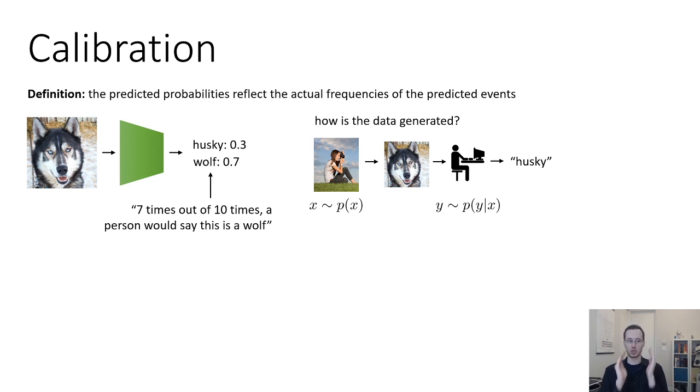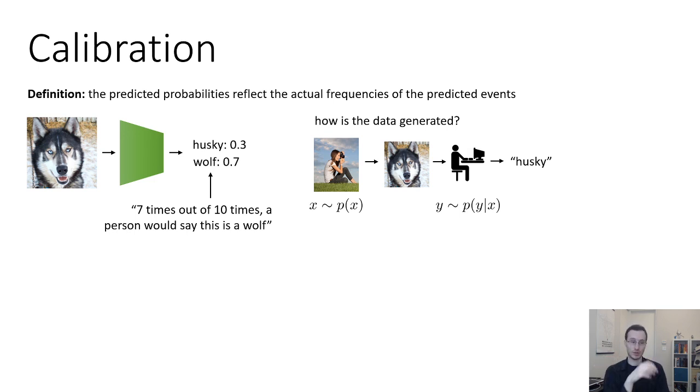It really comes down to the generative process that generated the data. And the process in this case was a person looking at a photograph and labeling it as a wolf or a husky. So that's the question that the neural net is answering. 7 out of 10 times a person would say this is a wolf. And in particular, that prediction is tied to the generative process for generating the images.